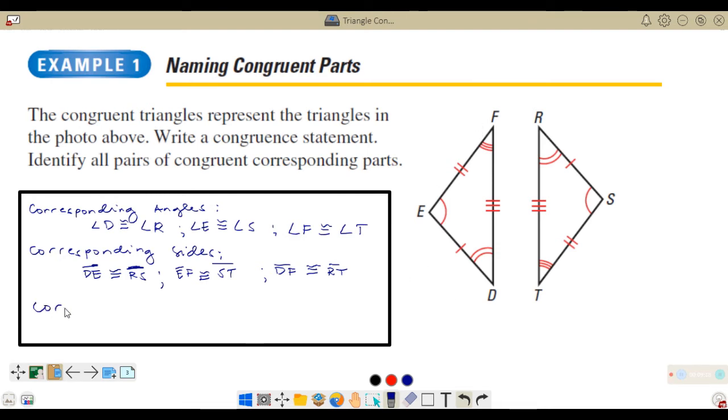Now, let's write our congruence statement.